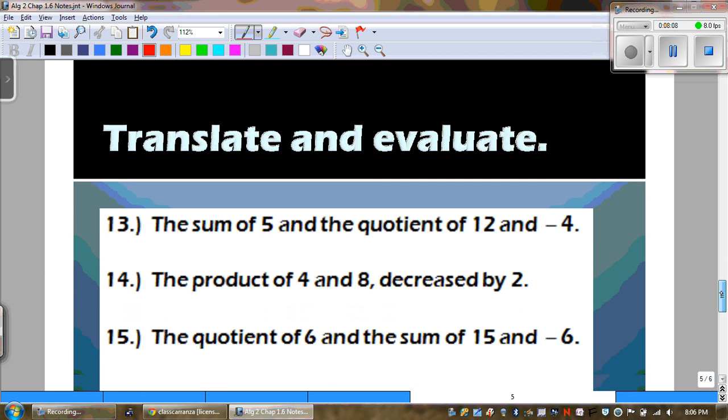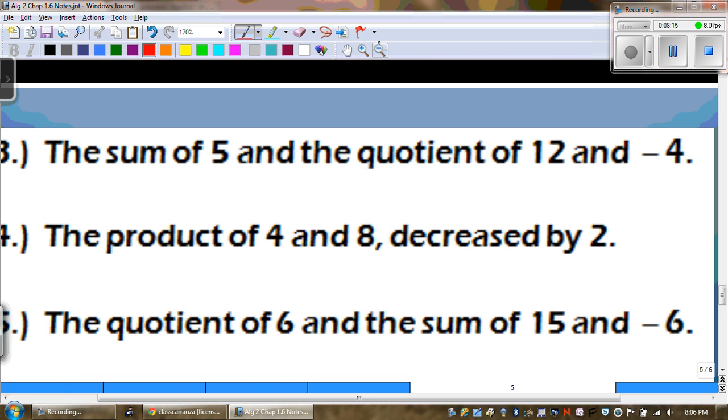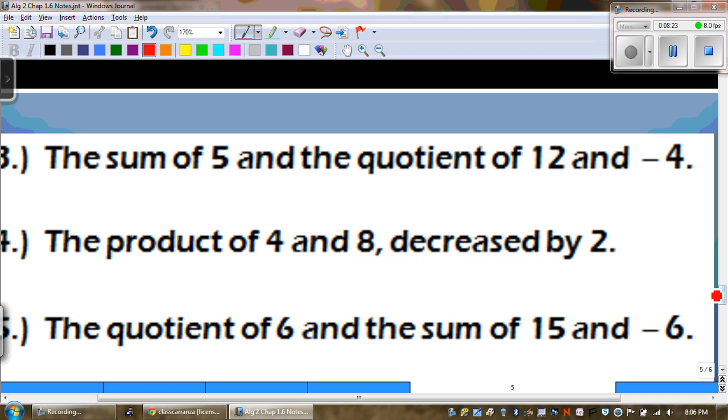It says translate and evaluate. So I'm going to try to zoom in so we're only looking at one of these at a time, which will be a little bit harder than I thought. So anyways, the sum of 5 and the quotient of 12 and -4. So sum tells us that we need to add 5, but we also need to take the quotient of 12 and -4.